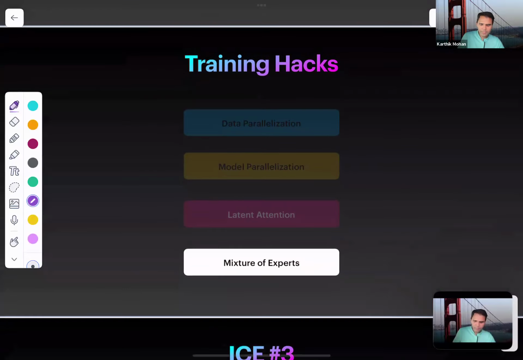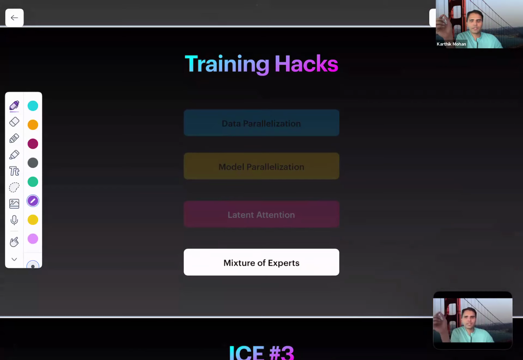And then we also have a mixture of experts. This is another training hack introduced by DeepSeek V3, which is to have a mixture of experts in the feed-forward neural network layer of the architecture of DeepSeek V3. So instead of having one output from a transformer block, you have multiple outputs, and then you give a weight to each expert and say, okay, you give me this output with this weight, and you give me this output with this weight, and then you take a linear combination of these experts' outputs with their associated weights.